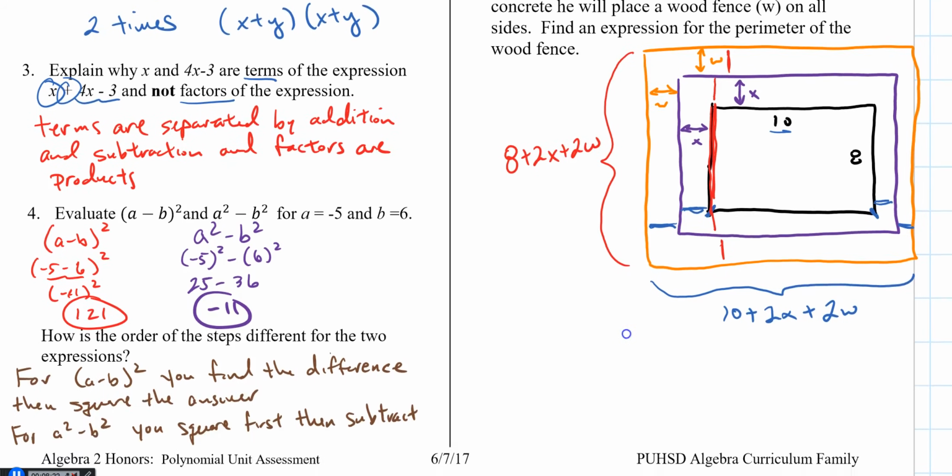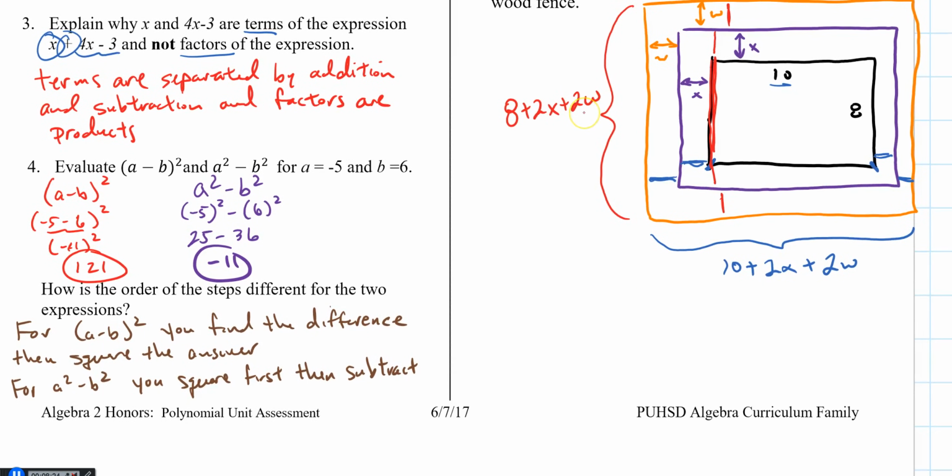So the dimensions of my fence are 8 plus 2x plus 2w and 10 plus 2x plus 2w. So if we want to find the perimeter of that, we know that the perimeter of a rectangle is 2 times one dimension, so 8 plus 2x plus 2w, plus 2 times the other dimension, 10 plus 2x plus 2w.